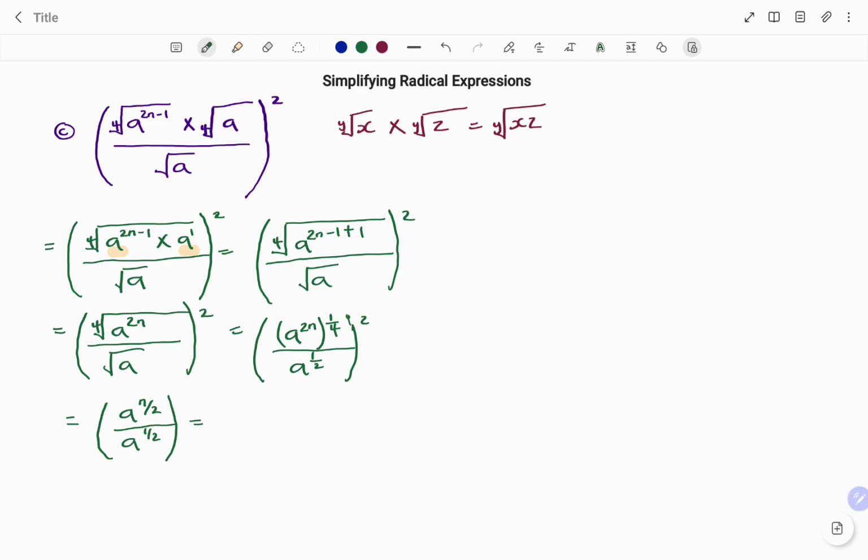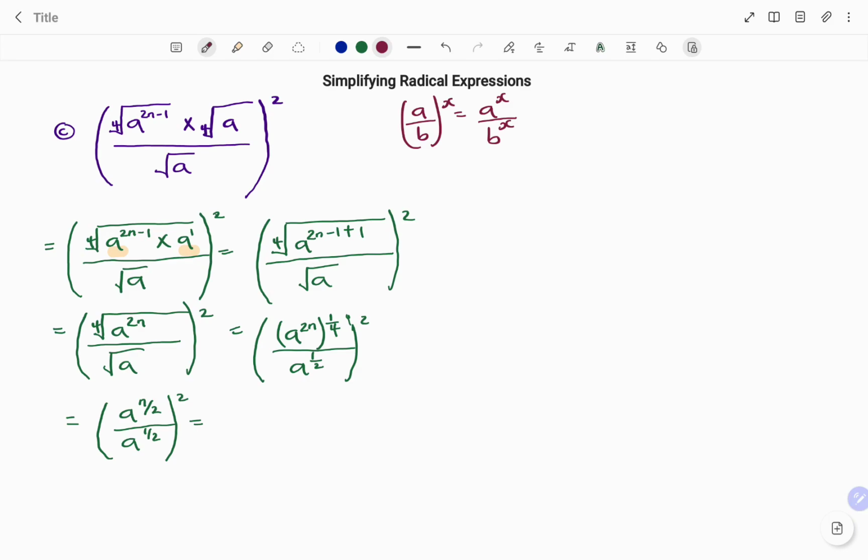And that will be equal to, applying laws of exponents, I have my squared. I can open up with a square, because the laws of exponents state that if I have a over b all raised to the power of x, it is the same as a to the power of x over b to the power of x.